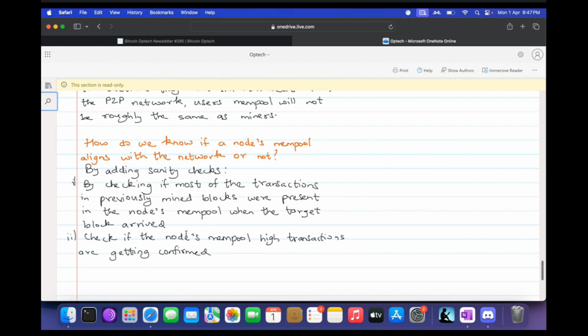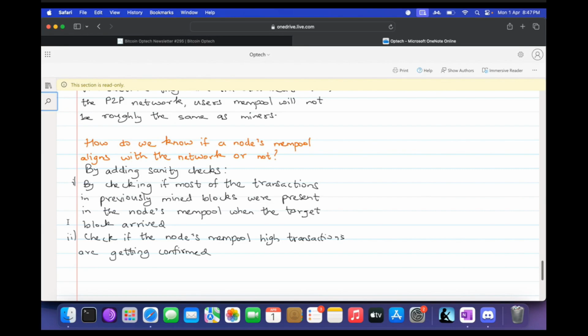Then your fee rate estimator will never be able to come up with an accurate estimation, because it is using your local mempool and the set of transactions in it to determine what the fee rate will be, whereas the miners that have the majority of the hash power have a mempool that looks completely different. So for live fee rate estimation, it's imperative that the local mempool and its transactions resonate with the transactions in the miner's mempool.